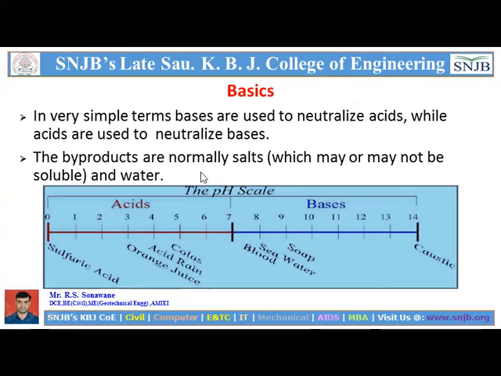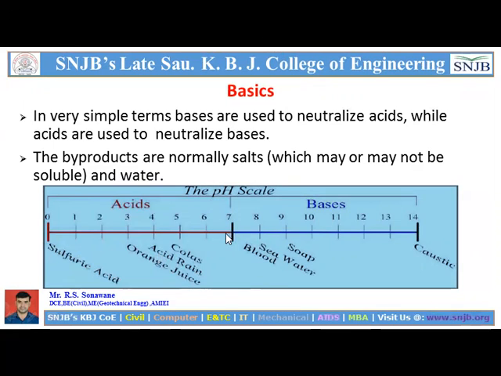The byproduct is a normal salt, which may or may not be soluble in water. You can see here the pH scale. Less than 7 is acidic, such as sulfuric acid, acid rain or orange juice, which fall in the acidic range for a particular water, wastewater or liquid.